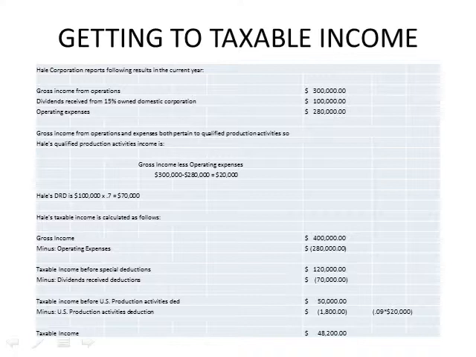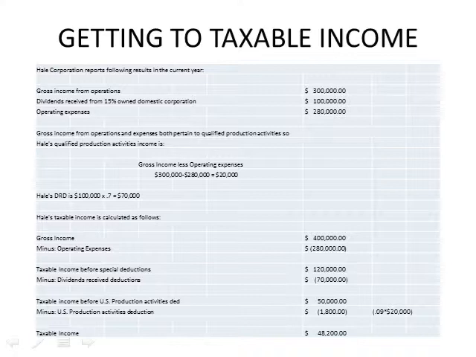Take a few minutes to look back at your slides and notes to understand why each of these taxable income amounts, before special deductions and before the U.S. production activities deduction, did not prevent us from taking these various deductions.